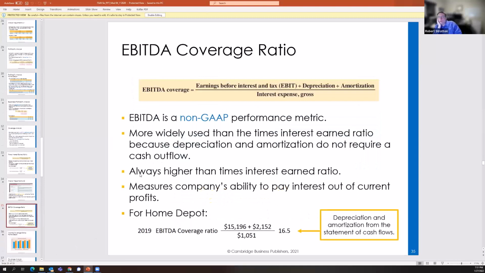Okay. So you can also add in depreciation and amortization. Amortization is a hard word to say for me tonight. Why would we do that? Neither one of these is GAAP approved, so you can use either one you want. Adding back in D&A, these are not cash flow expenses or factors, so it doesn't materially alter the ratio.